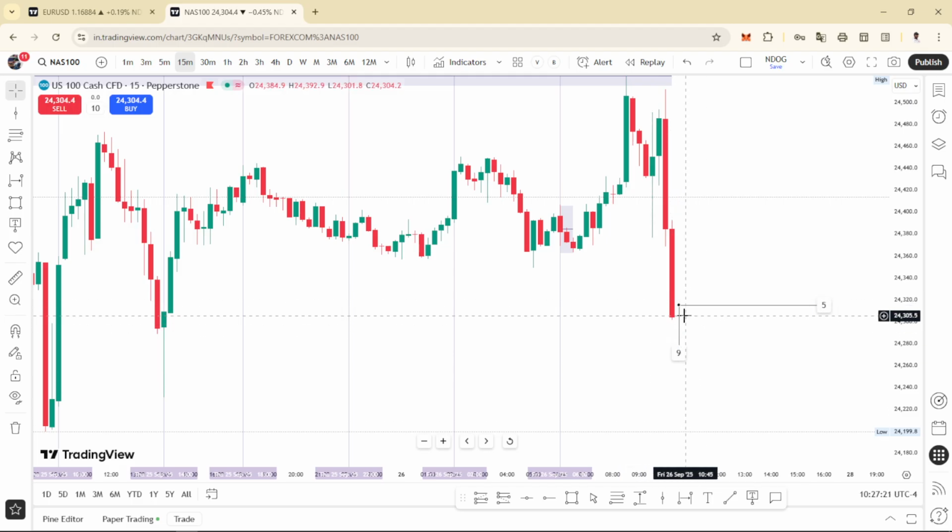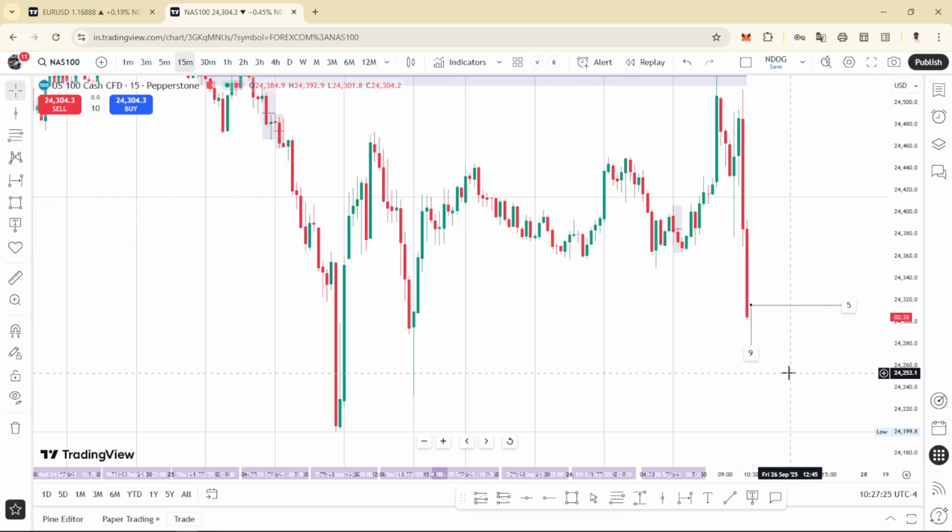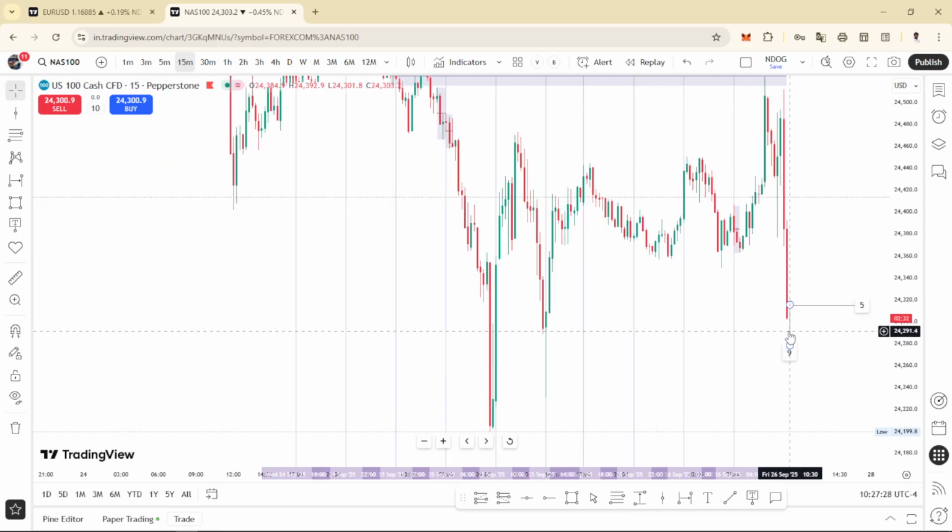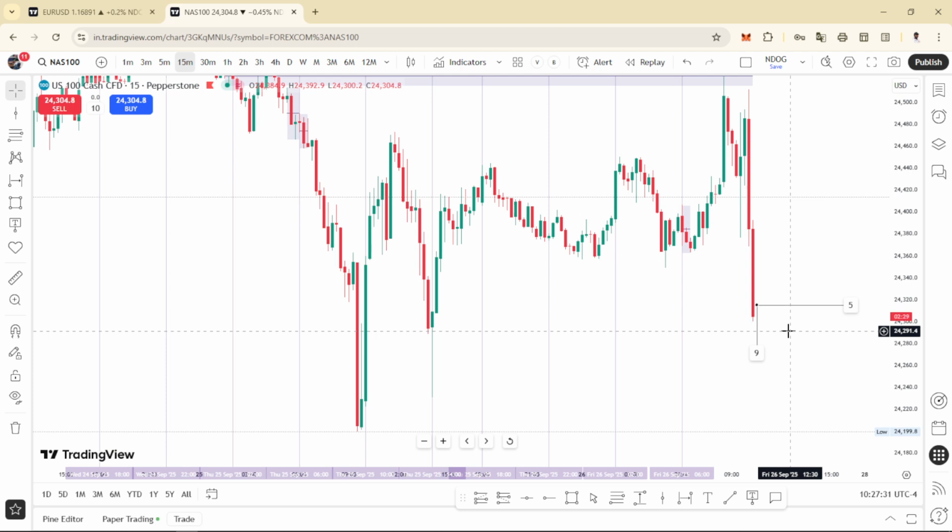In any case, I'm still trying to connect a lot of things together. I'm expecting a green candle at 9.5.